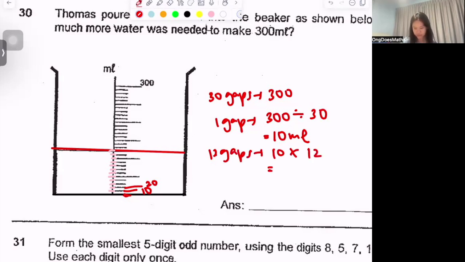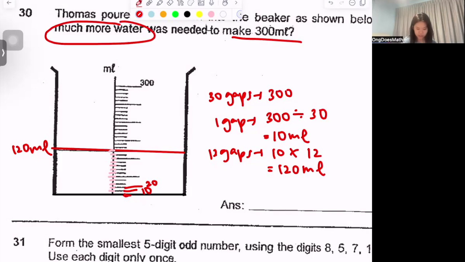So that should give you 120 ml. So currently you have 120 ml of water in the beaker. Now they are asking you how much more water you need to make 300 ml. So basically they're trying to make you find this part over here, which will just be 300 minus 120 ml. Good. So the answer is 180 ml. Cool.